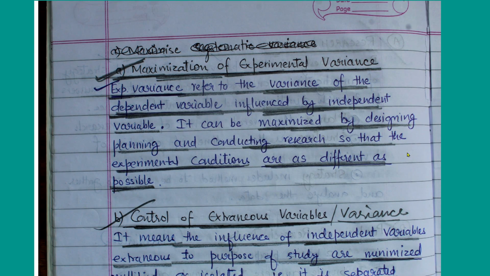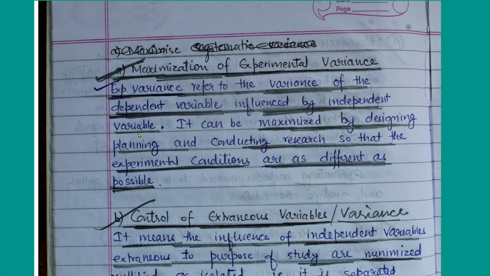Here I have written clearly what experimental variance or systematic variance is. Experimental variance or systematic variance refers to the variance of the dependent variable influenced by the independent variable. If you have selected 5 independent variables and you want to see the effect of these 5 independent variables on your dependent variable.